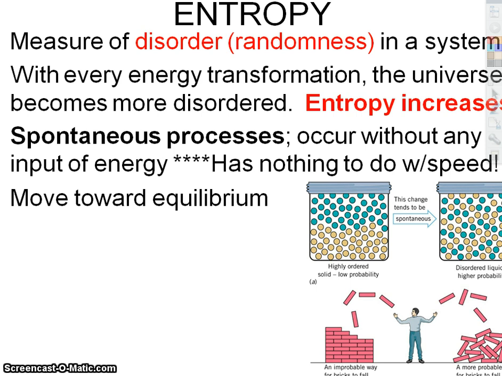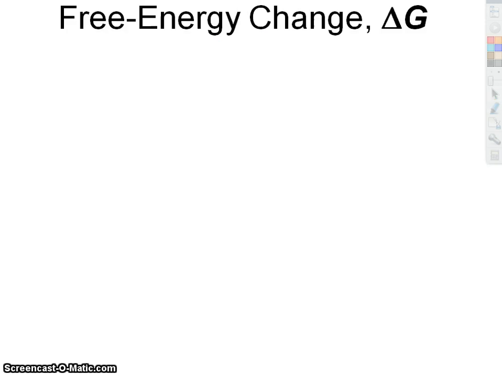Think of a molecule of gasoline as very, very orderly. If I break that gasoline down, now I've got a whole bunch of CO2s and H2Os, it reacts with oxygen, and that's much less orderly. Now I have a bunch of little molecules randomly bouncing around as opposed to one very organized molecule. All right, so entropy tends to increase.